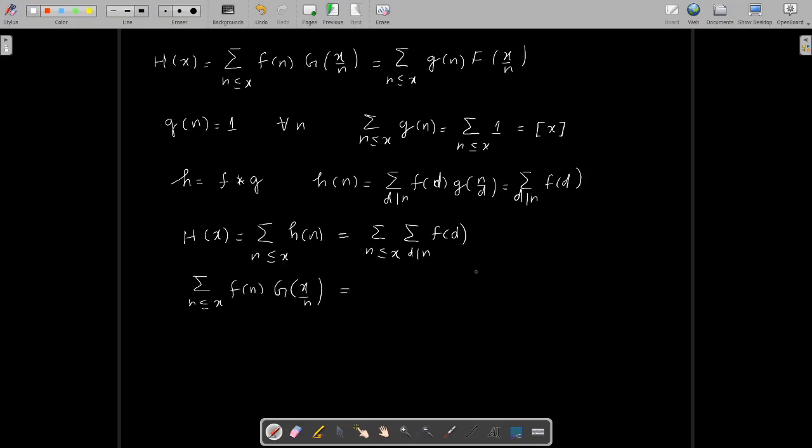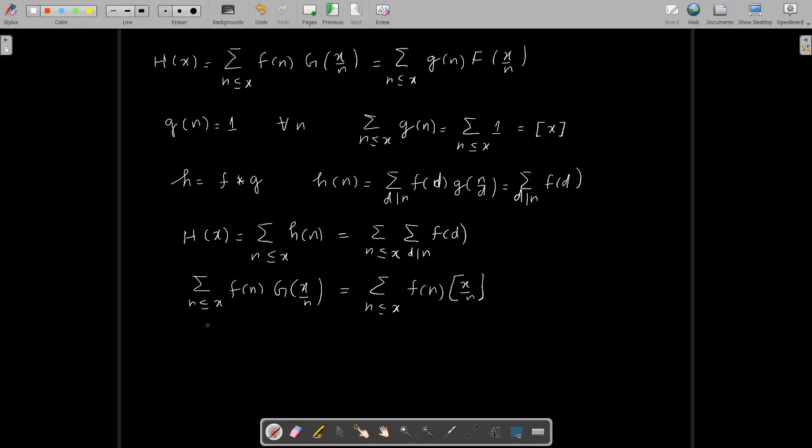That's equal to sigma n less than or equal to x, f of n, G of x by n. Here capital G is the partial sum of small g. The partial sum of small g is nothing but the integral part of x, so G of x by n will be the integral part of x by n.